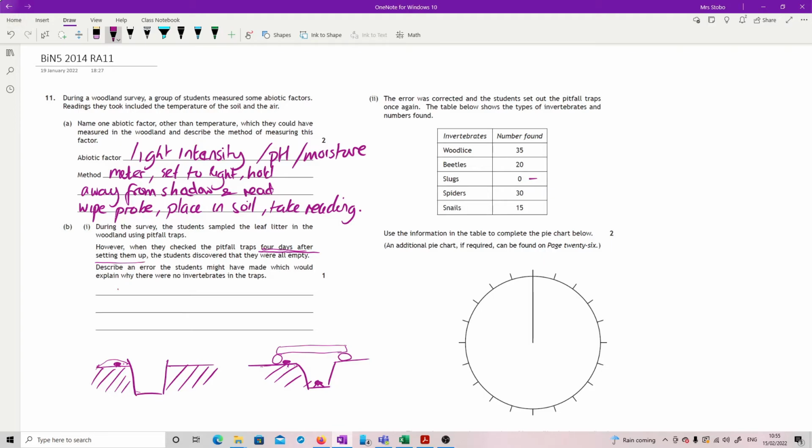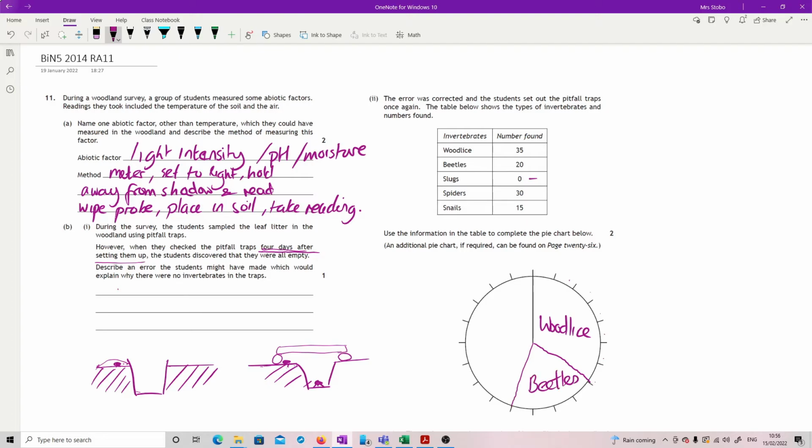So let's start with the first one. Woodlice, I need 35. So 1, 2, 3, 4, 5, 6, 7. So I'm going to do a line, and you would use a ruler because that is very wobbly. Okay, that's my woodlice. And then I've got a 20. 2, 3, 4. This is my beetles.